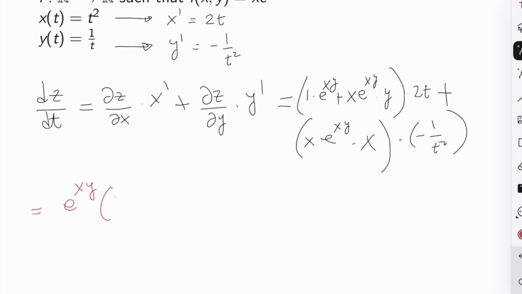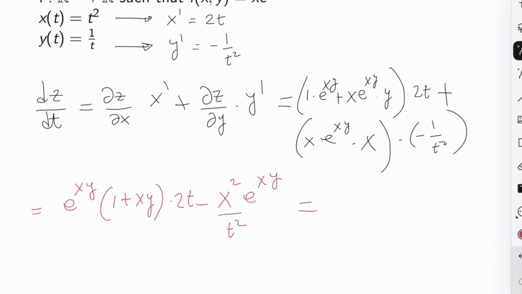So then this is 1 plus xy, and then times 2t plus, here we have x times x. Actually, it's going to be a minus, right? Because we have plus and minus here. So we can put just minus, and so we are going to have here x squared e to the xy divided by t squared.